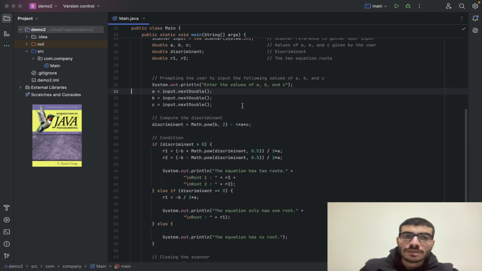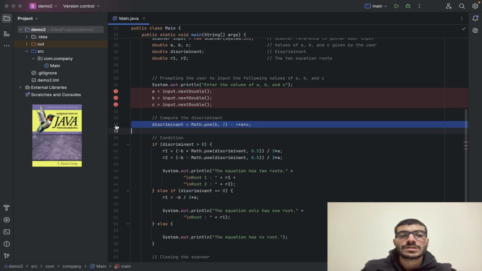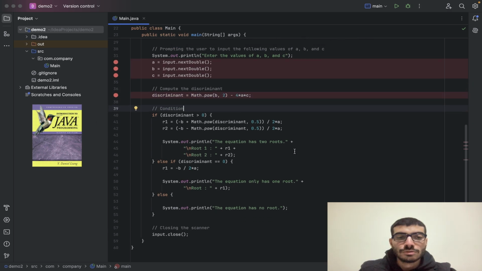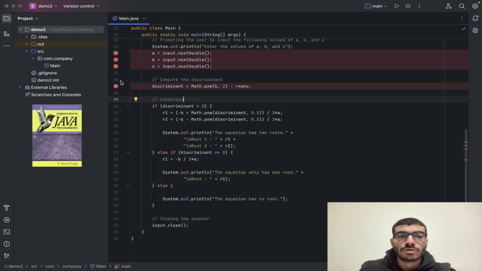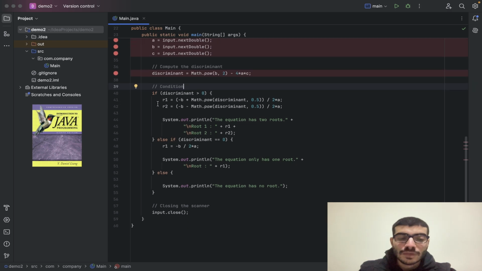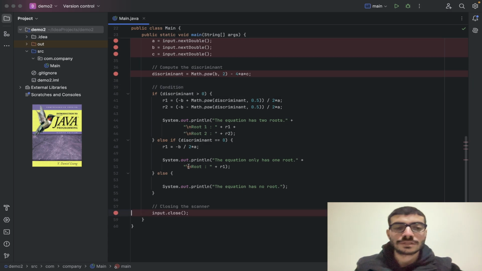So I'm going to debug my program and set breakpoints for every variable in order to monitor their values and how they're changing. So set the breakpoints for every variable. I don't need to set breakpoints here. I'll just set the breakpoint in the end.